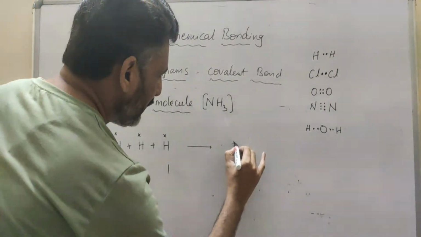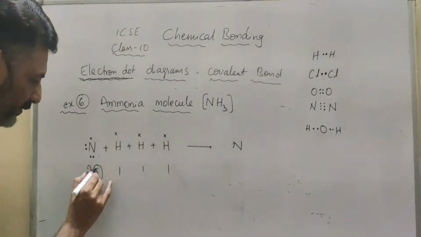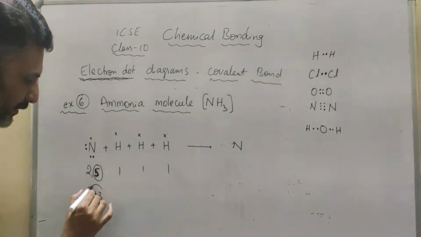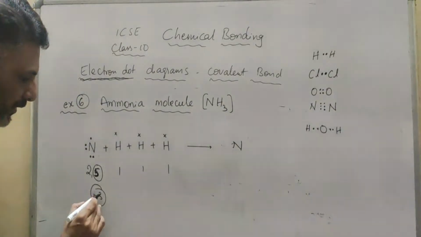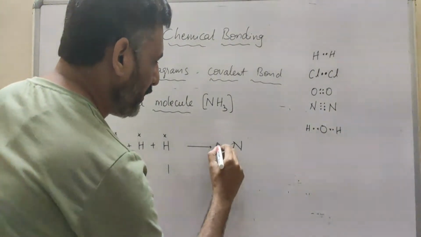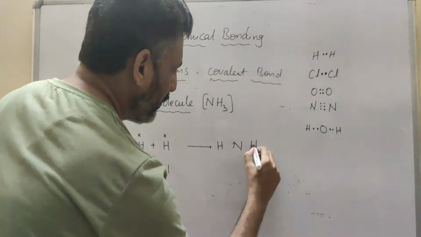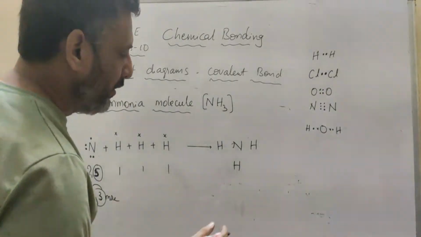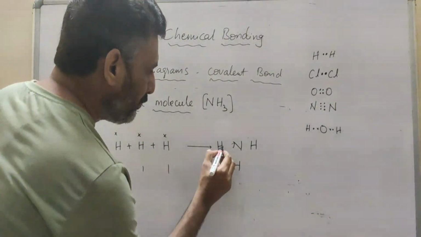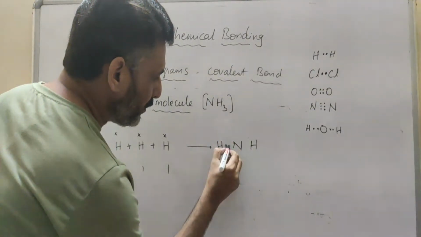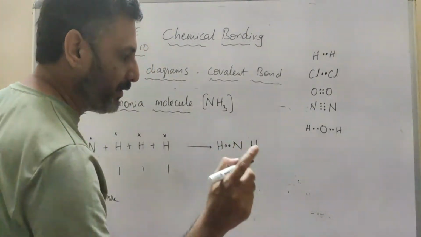Now, nitrogen requires 3 more electrons, because it has 5 valence electrons. Sorry, nitrogen contributes 3 electrons for the bonding. But here, because each hydrogen gives 1 electron, nitrogen can form only one bond with each.